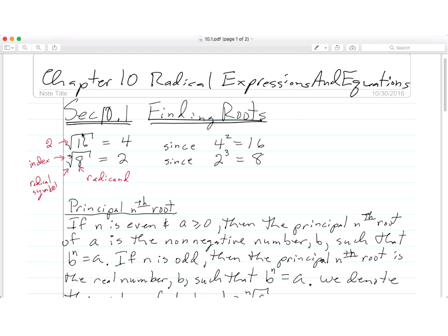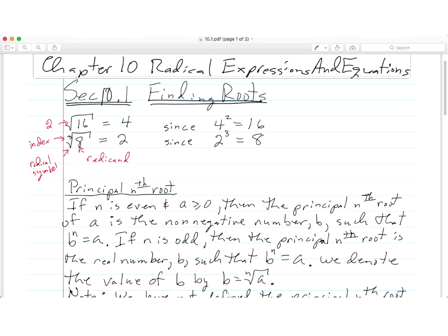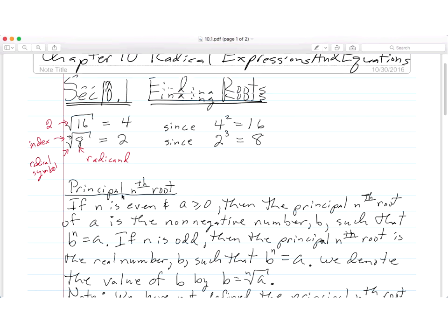But I have yet to define the even root of a negative number. So we denote the value of b by the nth root of a. And so that's just explaining this above for all cases.